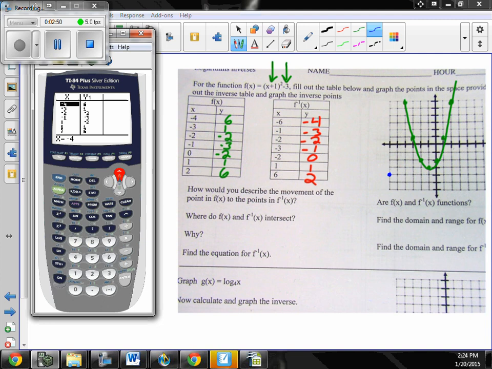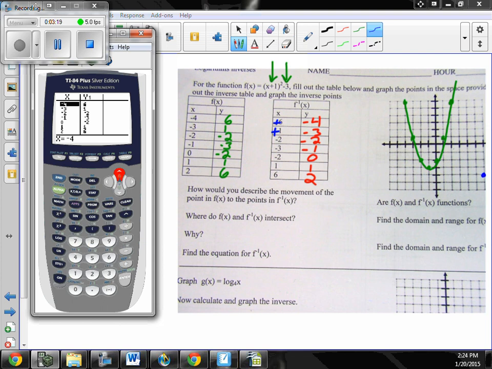-6, -4. Wait. Did I do that right? Oh, wait. It should be 6. Sorry. That should be positive, and that should be positive. Okay. My mistake. I'll fix that for all future generations. So, 6, -4.